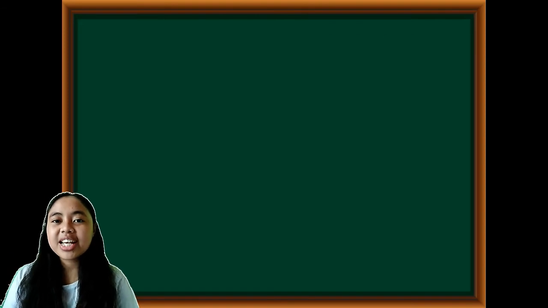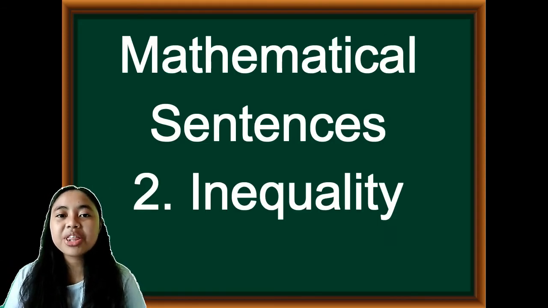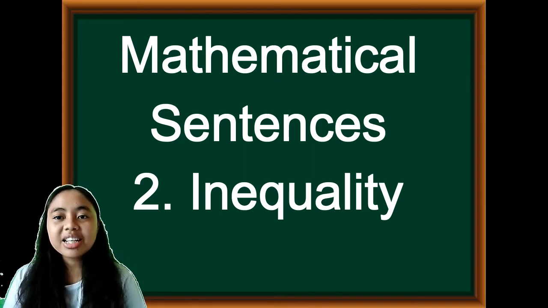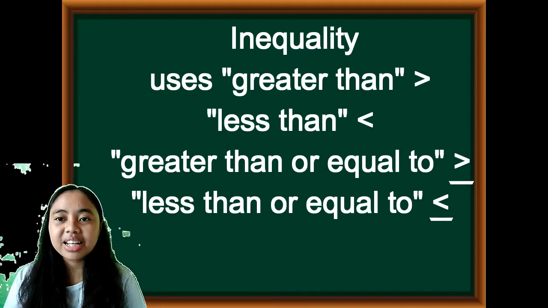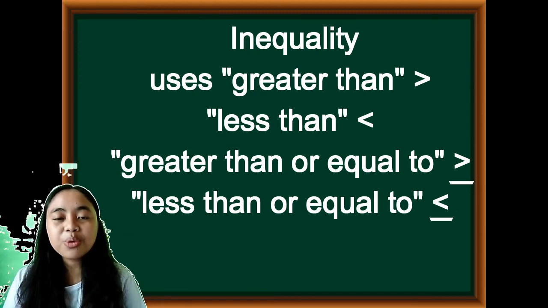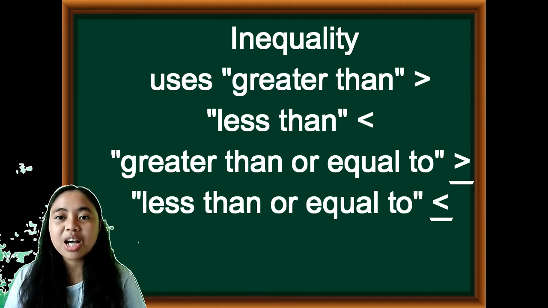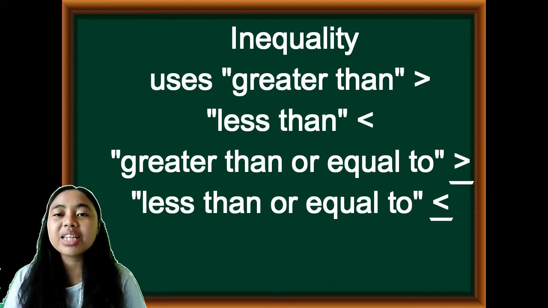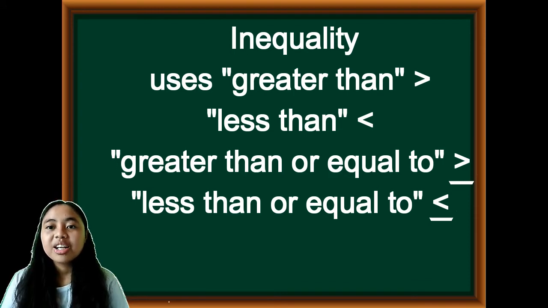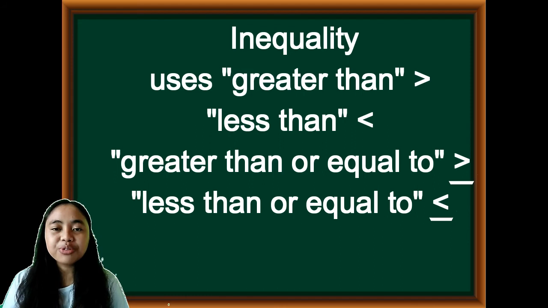Now let's go to the second type of math sentence. The second type of a math sentence is called an inequality. An inequality is a math sentence in which two phrases or expressions are being joined together by the inequality sign. There are different types of inequality signs or symbols.